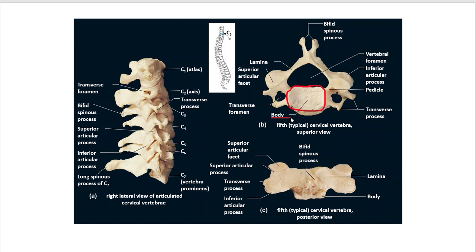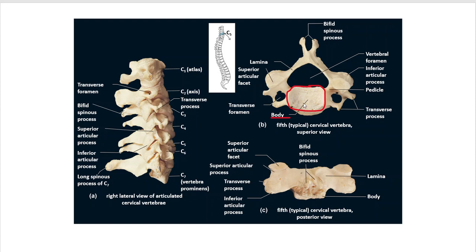It's just a ring. But all the other vertebrae are going to have these. And they're going to get thicker and wider the further you go down the vertebral column. They have to, because the further you go down, the more weight it's carrying.